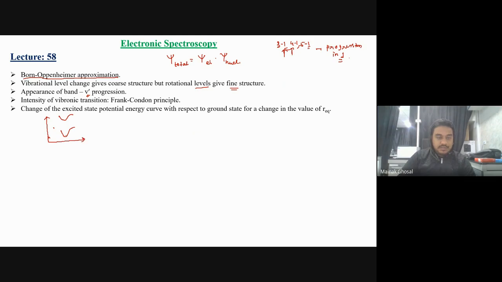Here the R equilibrium of the ground state and the excited state is the same. So the maximum transition will be the 0-0 transition. If you plot this, 0-0 will have maximum intensity, and then 0-1, 0-2 like that. In this case there is no change in the equilibrium bond length. Fine.